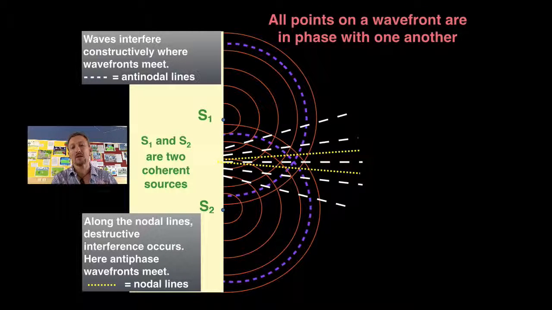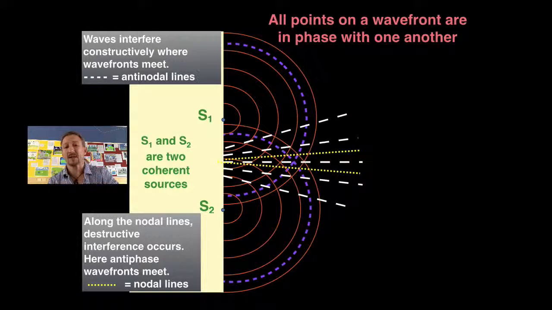Now the yellow hatched lines basically show the positions where this will occur. And the result of that is that you're going to get diminished amplitude, destructive superpositioning. Now you can see if you follow the yellow line, you'll get 2 areas where you've got the purple hatched line crossing with an orange wavefront.